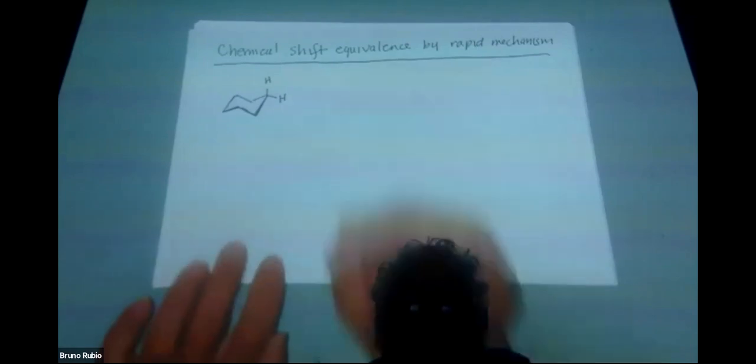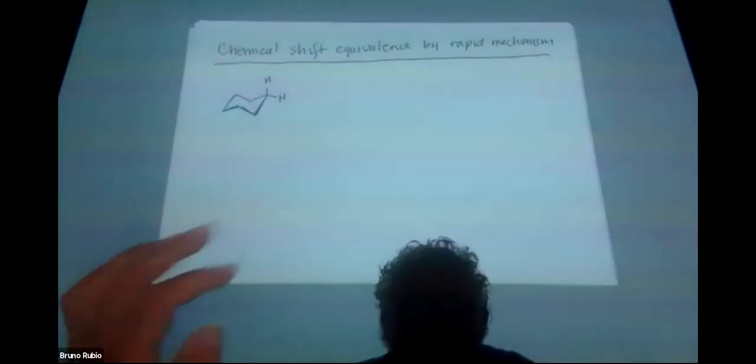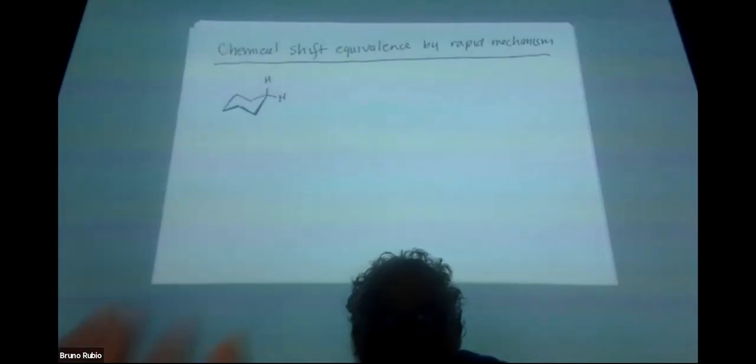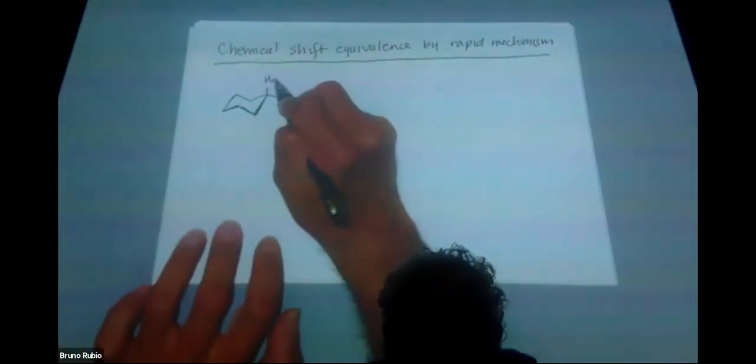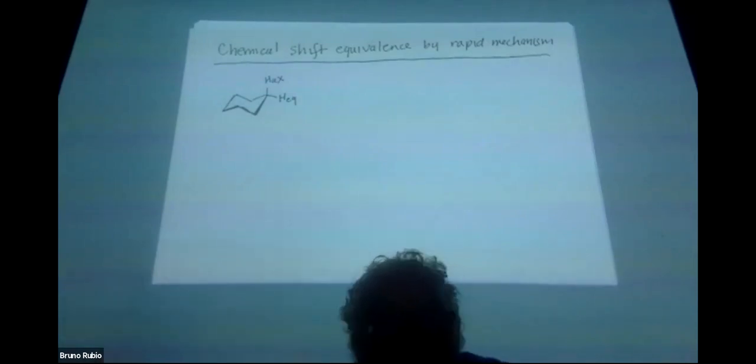All right, so we would be expecting 2 signals because we have axial protons and we have equatorial protons. Every axial proton is related by some symmetry element to some other axial proton. And every equatorial proton is related by some symmetry element to every other equatorial proton.